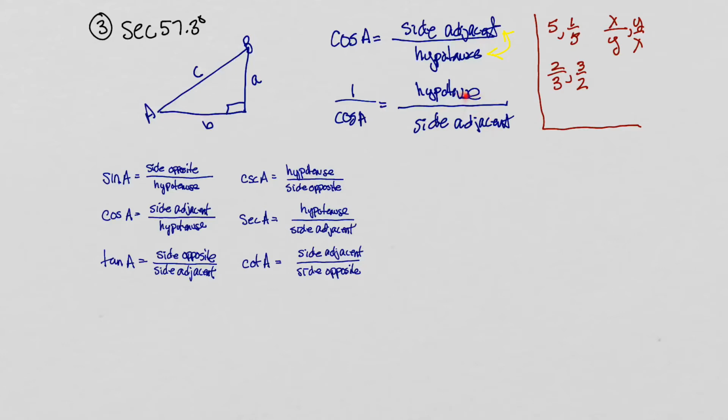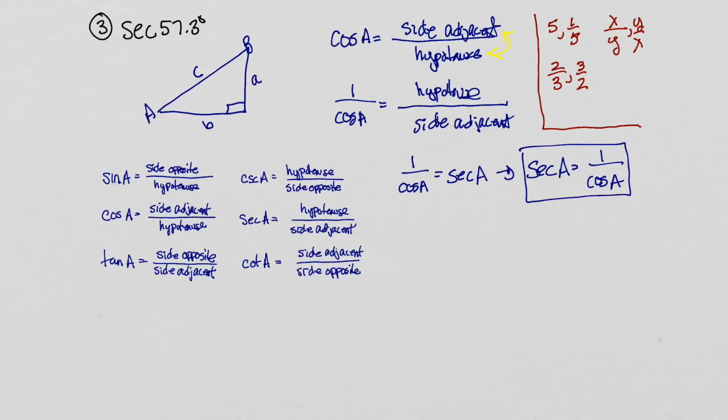Well, now look at this. What is the hypotenuse over the side adjacent? If you follow it down here, that happens to be the secant of A. So 1 over the cosine of A is the same as the secant of A. Or we can write it like this: the secant of angle A is 1 over the cosine of angle A.